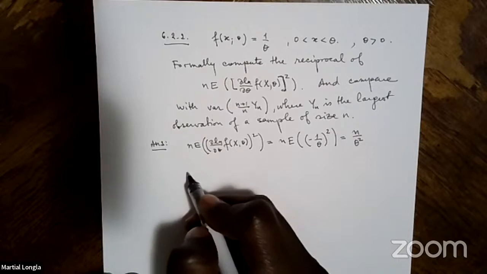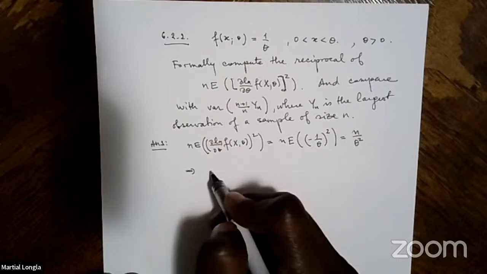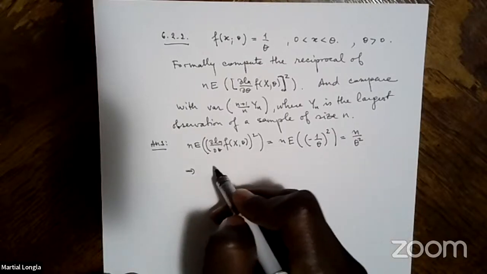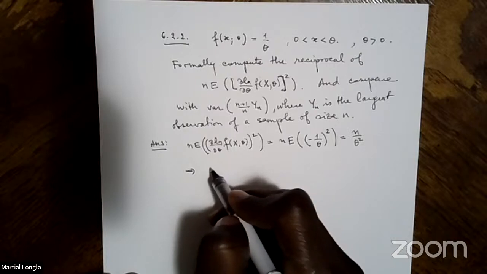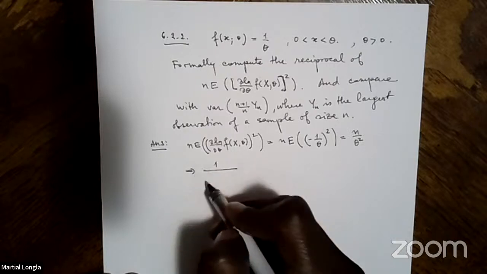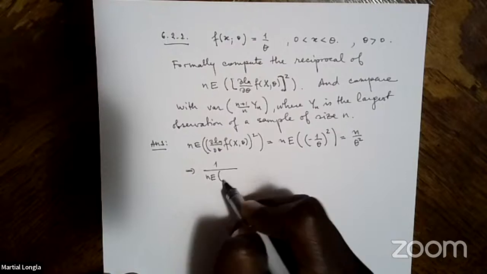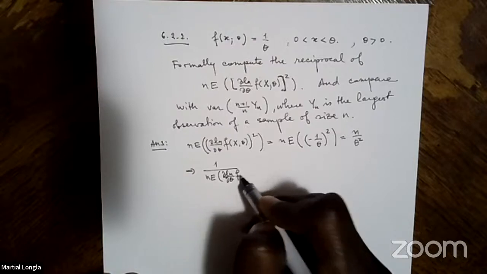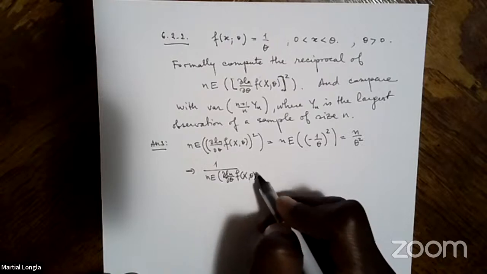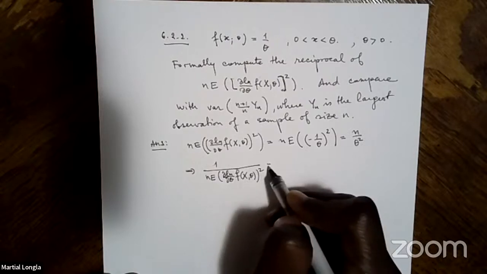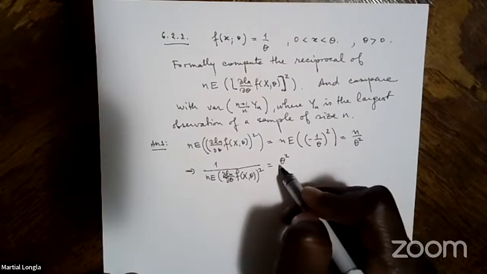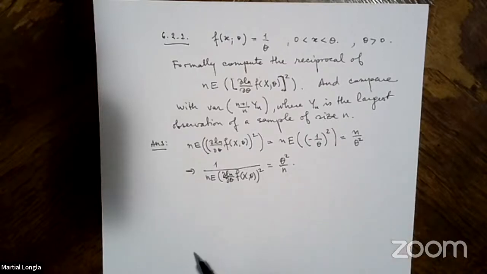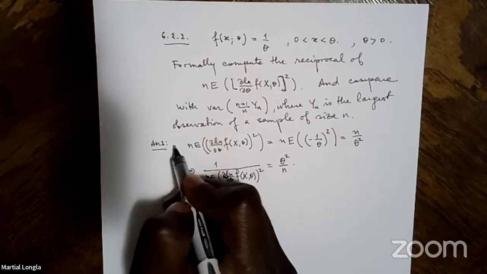And so that implies that 1 over that thing is nothing but theta squared over n. So that's the first step of the answer.